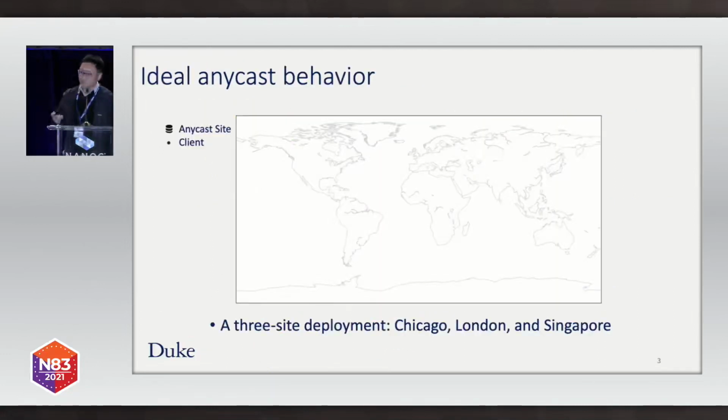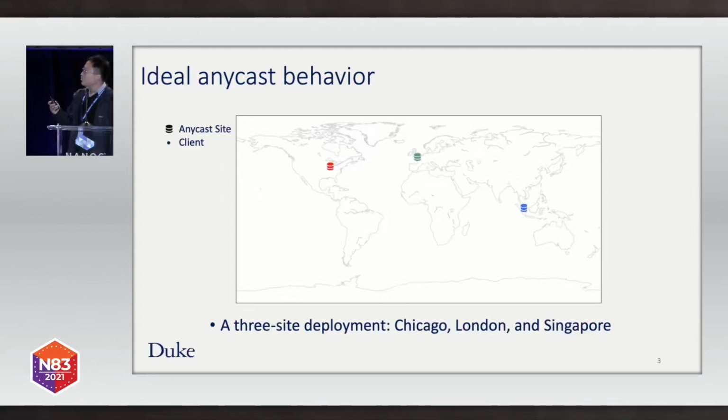So what do we expect from an IP Anycast network? In the ideal case, for round trip time reduction, we expect every client will get access to the nearest Anycast site. That means it will choose the optimal site considering just the round trip time.